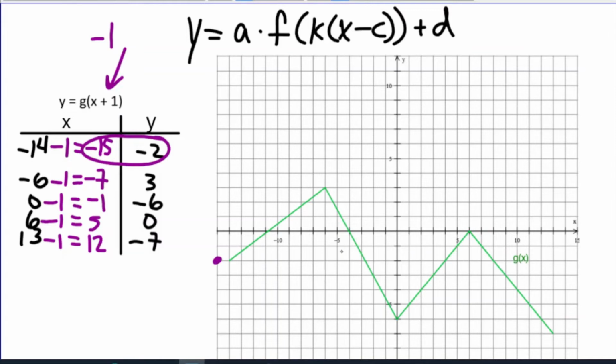Negative 7 would bring me to here, and you can see that all of my points are moving to the left by 1. So now that we see that, we can just use that to plot the rest of the points without actually needing the coordinates, which you sometimes won't be able to do, depending on the complexity of the transformation. That graph is now shifted to the left by 1.